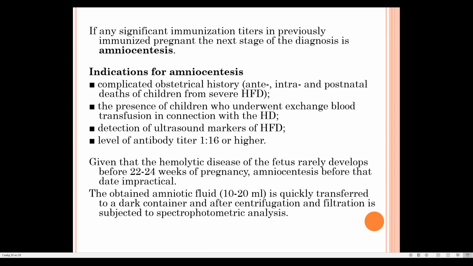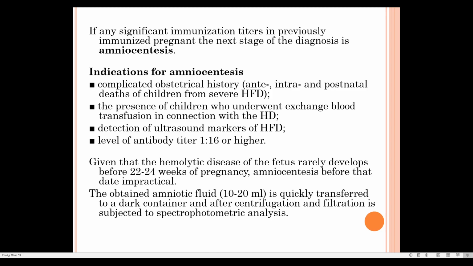Given that the hemolytic disease of the fetus rarely develops before 22 to 24 weeks of pregnancy, amniocentesis before that date is impractical. The obtained amniotic fluid, 10 to 20 milliliters, is quickly transferred to a dark container and after centrifugation and filtration is subjected to spectrophotometric analysis.